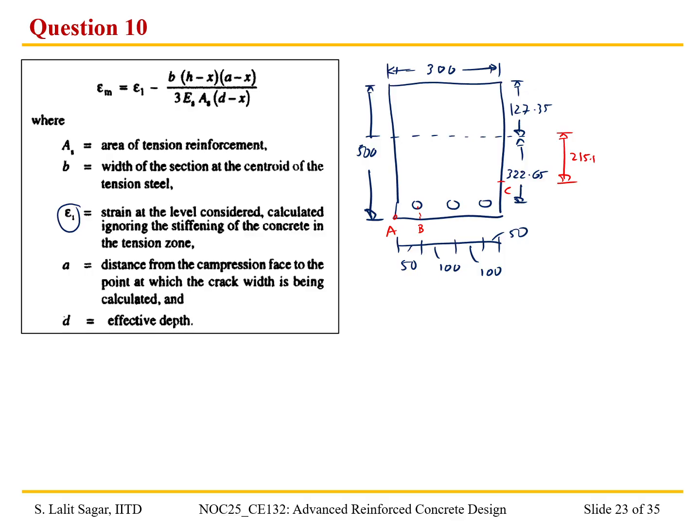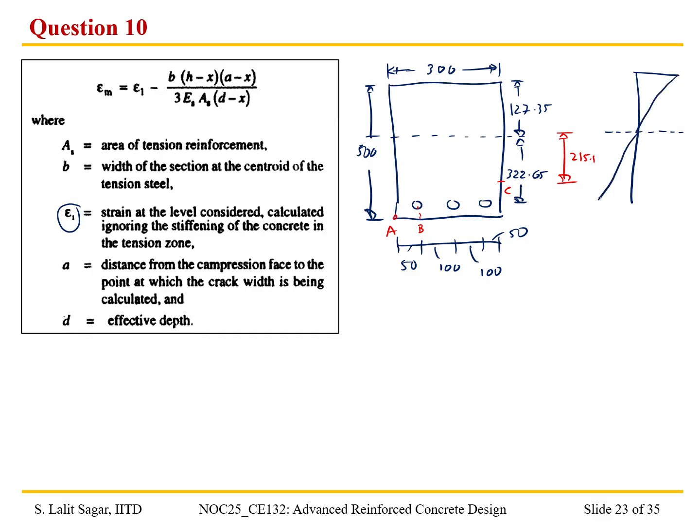Okay, so now first what we need to do is calculate the value of the moment, and then the stress and then the strain. We need to draw the strain distribution as well. I'll prepare for that over here. This is the neutral axis, and the strain distribution would look somewhat like this.